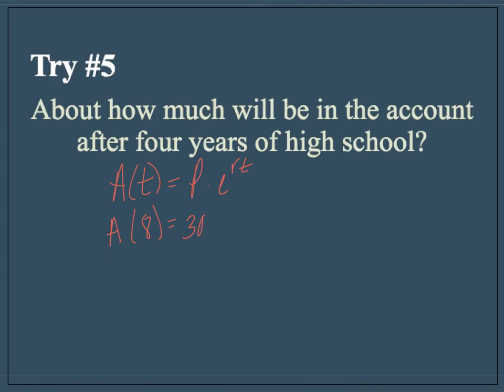So the principal is still 3,000, e, the rate is still 0.05, and the time is now 8. All right, so this is going to be 0.05 times 8, which is really 0.4.